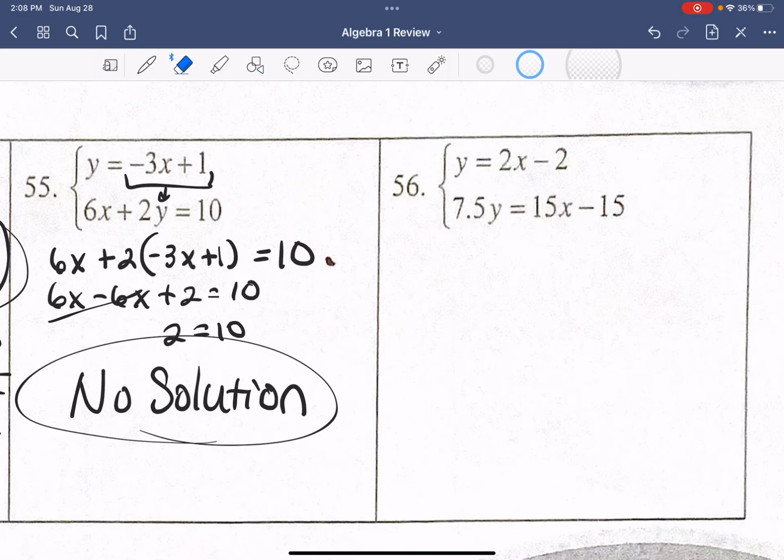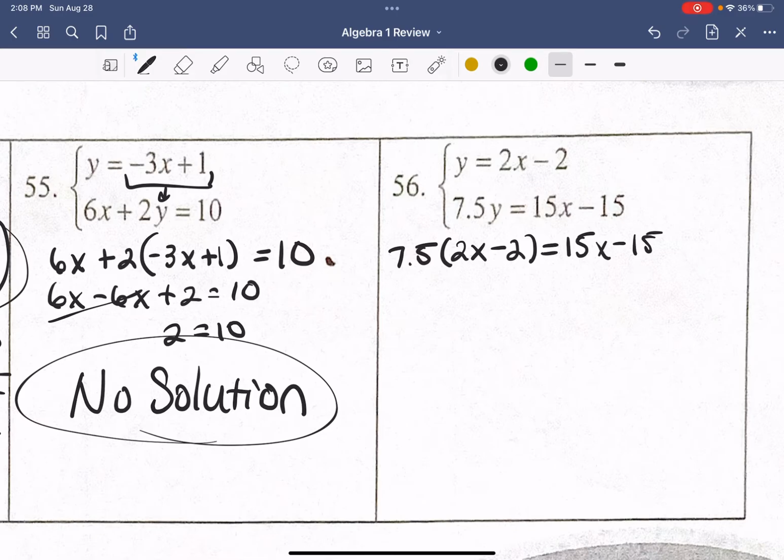56, same kind of deal. Let's do some substitution. We've got 7.5 times 2x minus 2 equals 15x minus 15. 7.5 times 2x is going to give me 15x minus, this gives me 15.